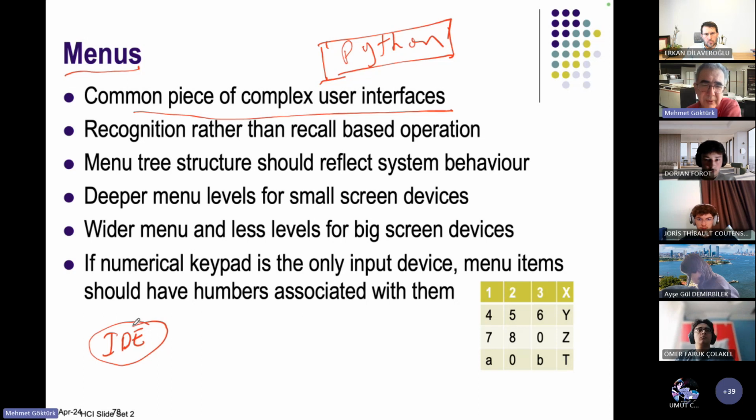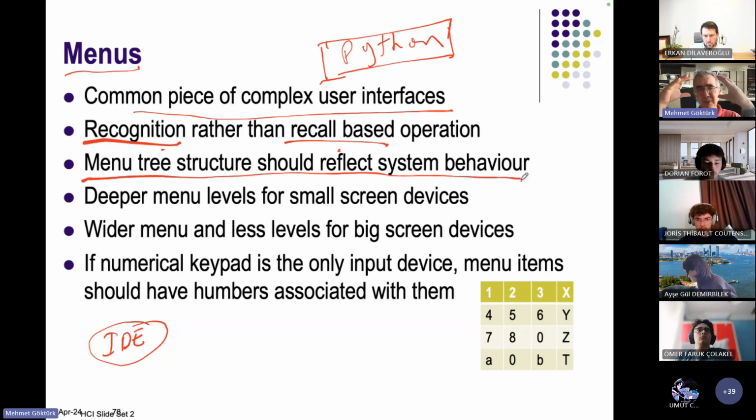When you develop a menu, the actual use becomes recognition-based rather than recall-based. When you use it from the IDE, it becomes recall-based. When you develop a menu, it becomes recognition-based. And the menu tree should reflect the system behavior.